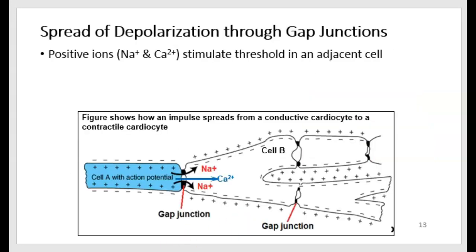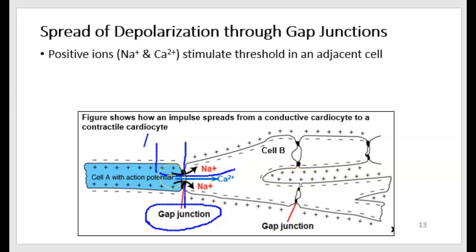gap junctions. I know it's a little bit cartoony here, but the reason that excitation can spread so quickly through the atrium, as I mentioned, is that there are these gap junctions between cells. You can kind of think of them as channels that allow the ions, sodium and calcium, to spread to the neighboring cell.